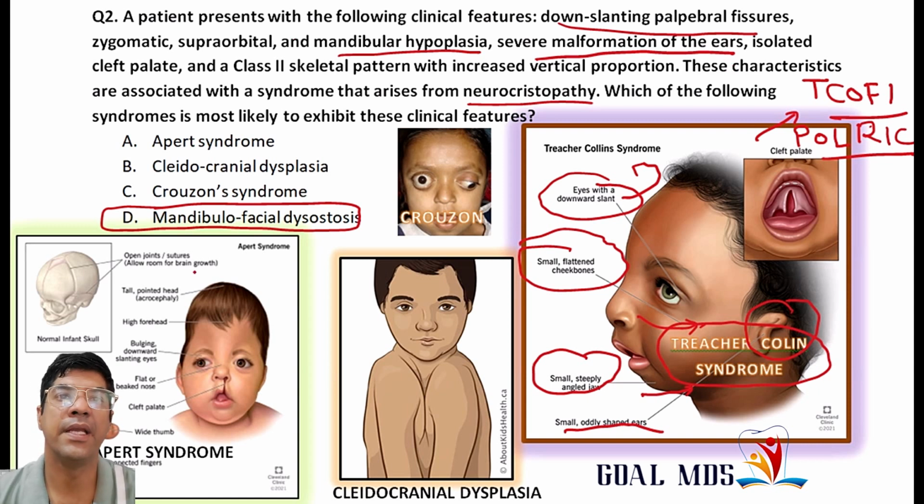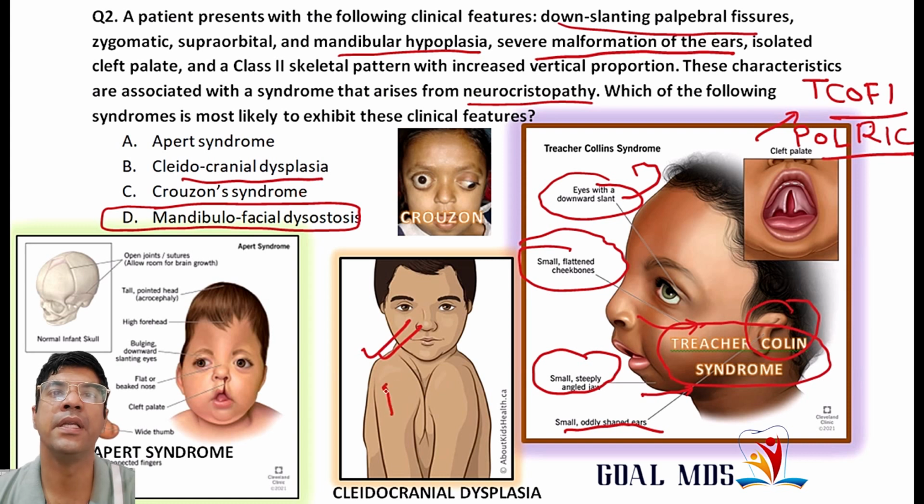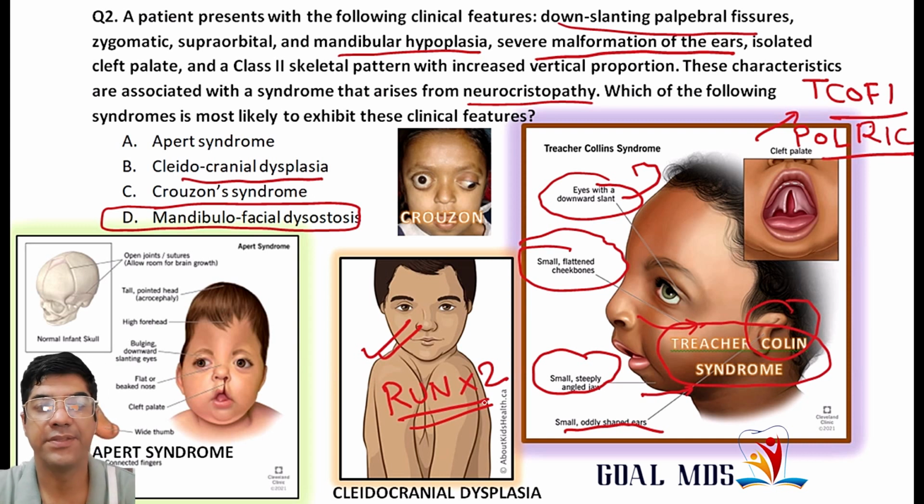Other is cleidocranial dysplasia. This one, option B, occurs due to mutation in the RUNX2 gene. So which gene is associated with cleidocranial dysplasia? It is the RUNX2 gene.